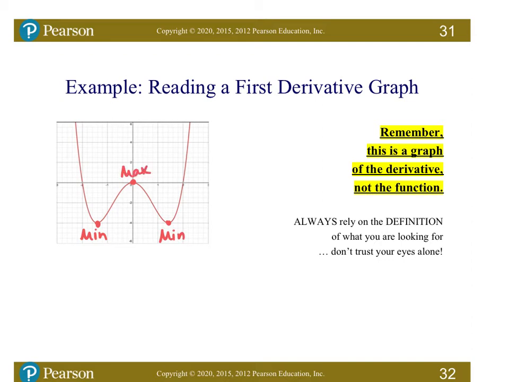But I'm not asking you to read this literally. We're reading it figuratively because you will be told this is the graph of f prime. So then you've got a max here, a min here, and neither.